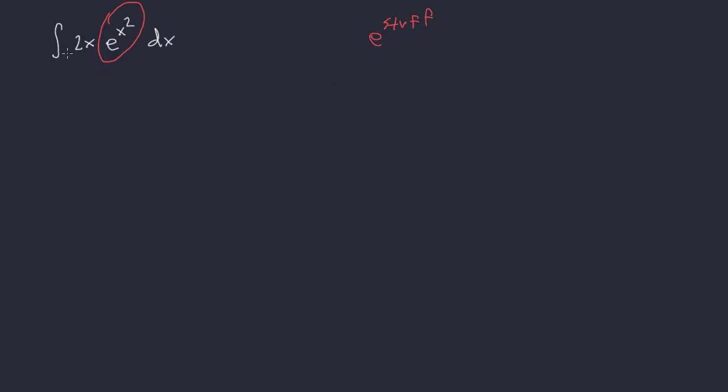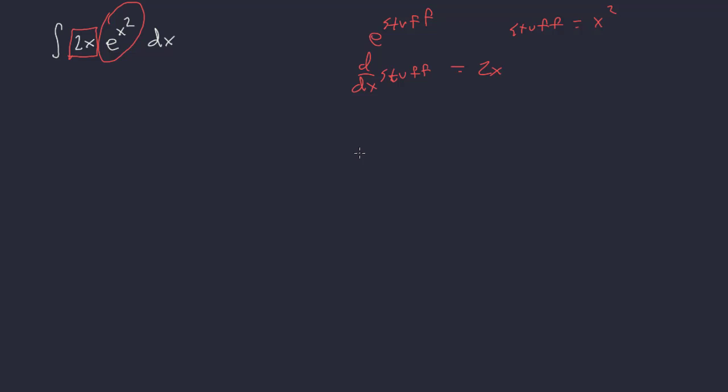The derivative of the stuff is sitting here. The derivative with respect to x of the stuff in this case is right here. So that's 2x. So the stuff itself is x squared. The derivative of the stuff is 2x.